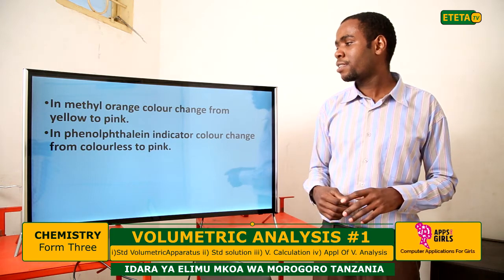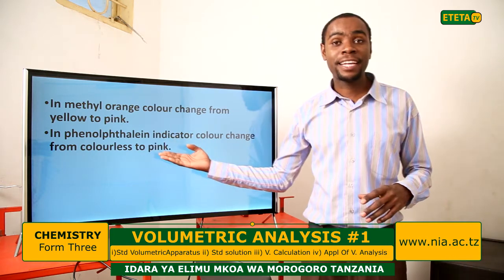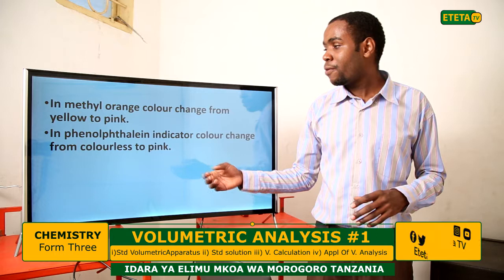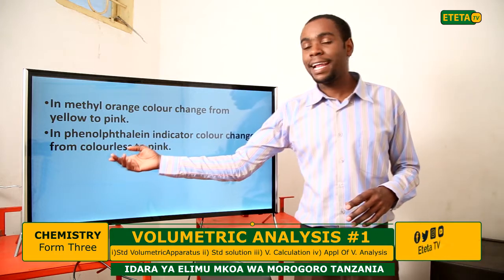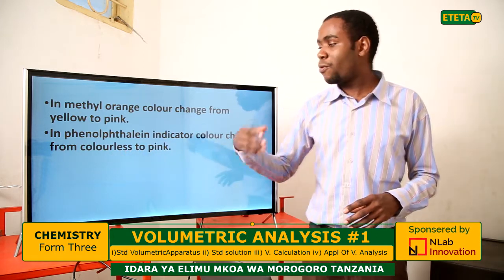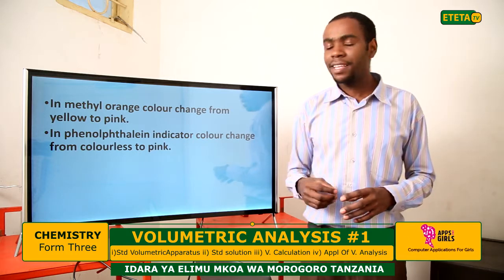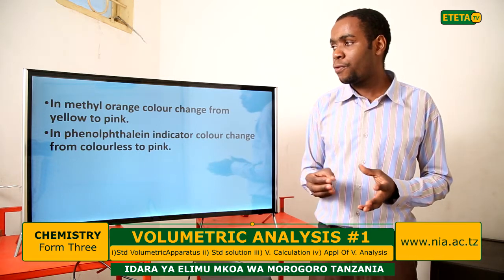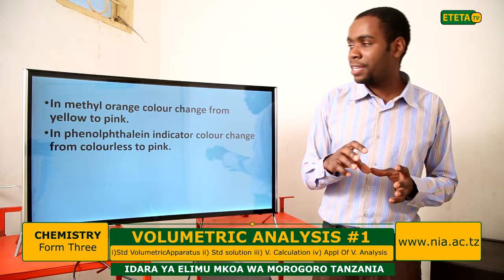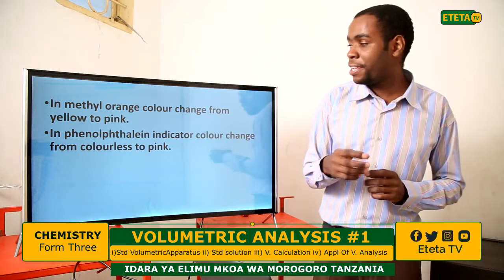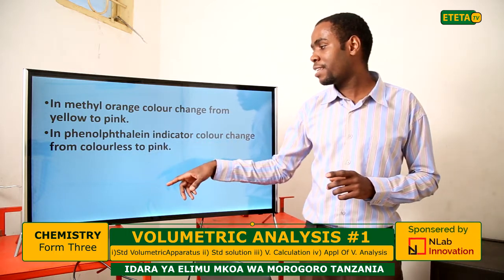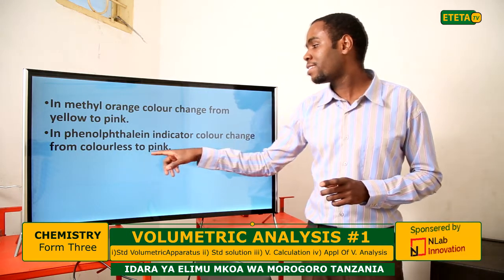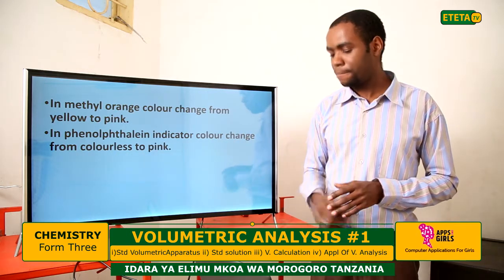Once the phenolphthalein indicator is mixed with the base, the color will be colorless. But once you mix the mixture of basic solution and the phenolphthalein indicator with the acid, the color will change from colorless to pink.